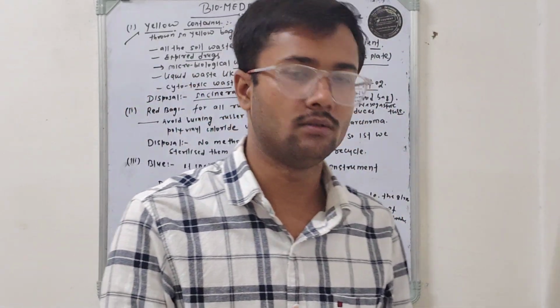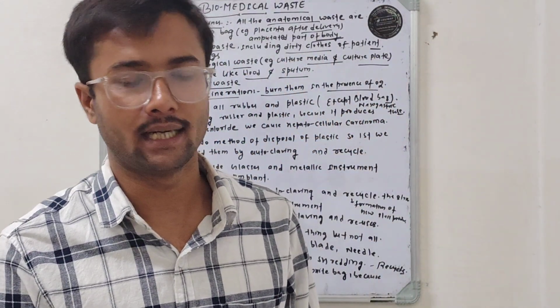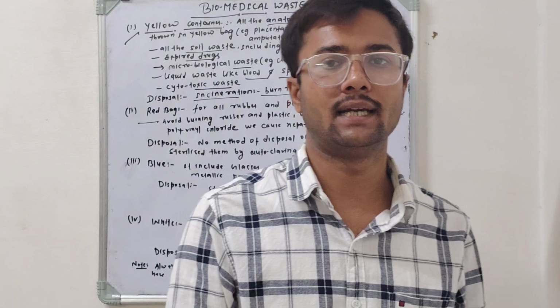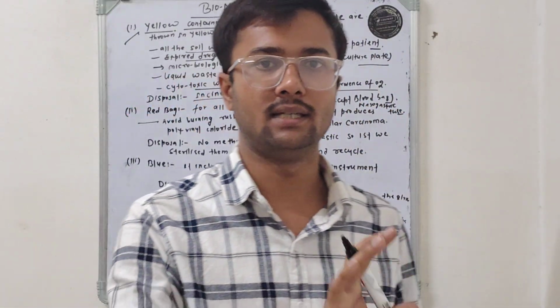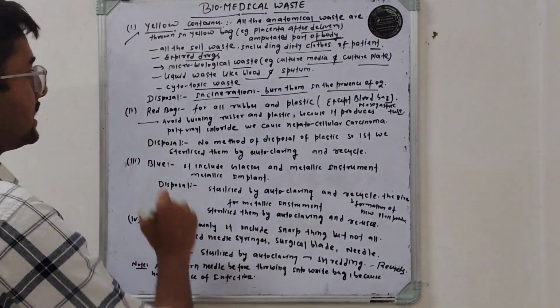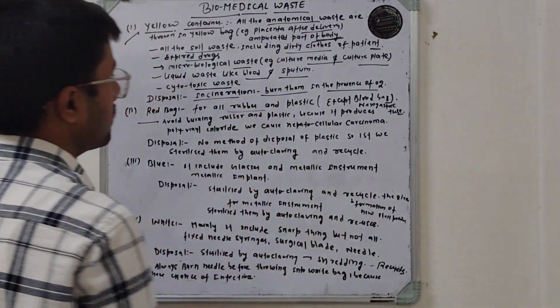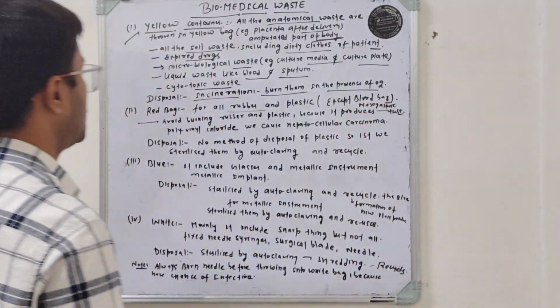That's why we put these blood bags and nasogastric tubes under the yellow category, where they undergo incineration, so they are completely destroyed by burning. So in the red category we mainly keep rubbers and plastic bags except the blood bags and the nasogastric tubes.